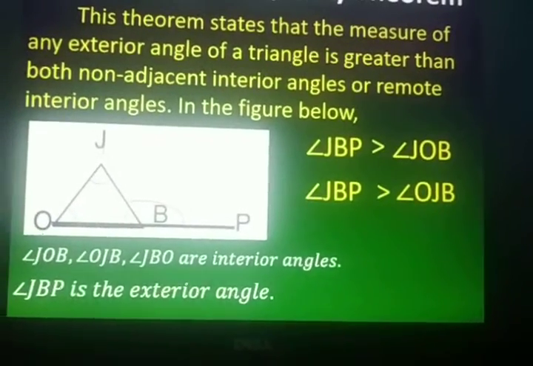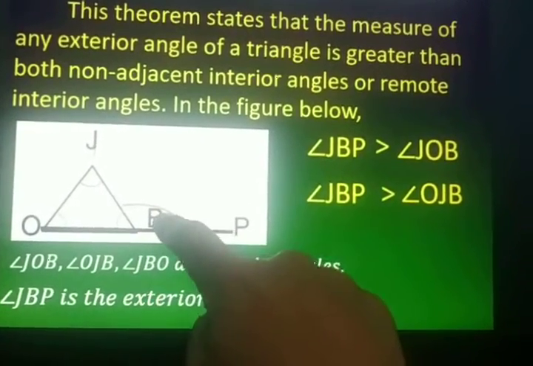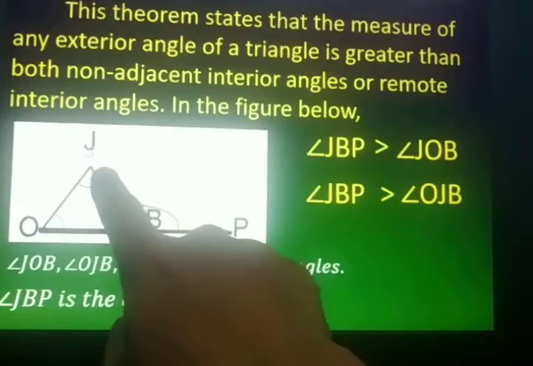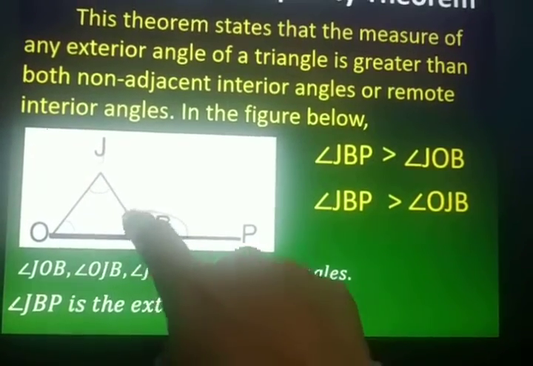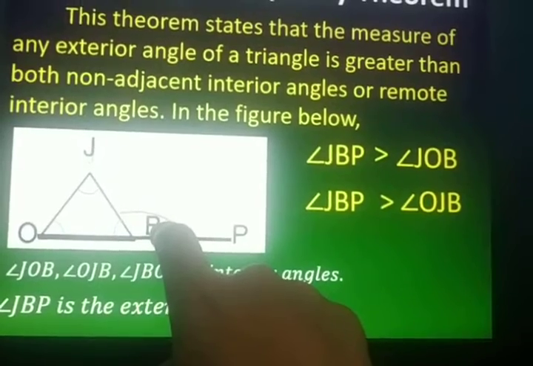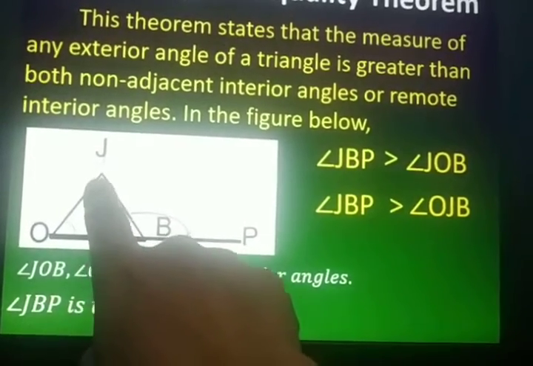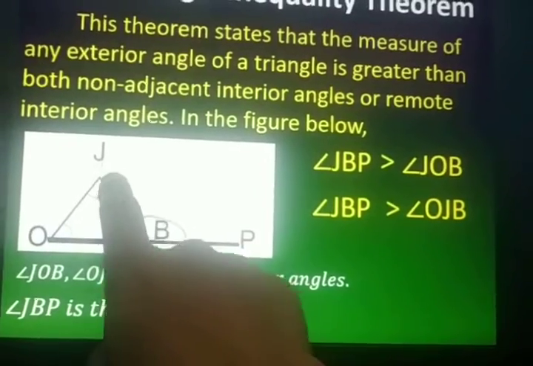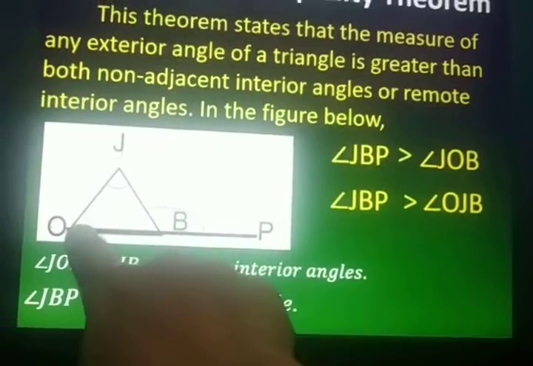Let me repeat. Our exterior angle, angle JBP, is greater than angle JOB. And our exterior angle, angle JBP, is greater than angle OJB. It is bigger than this, and bigger than this.